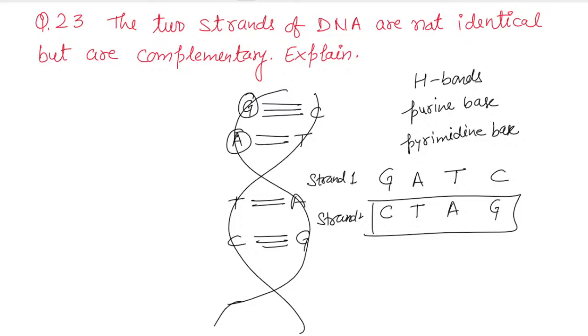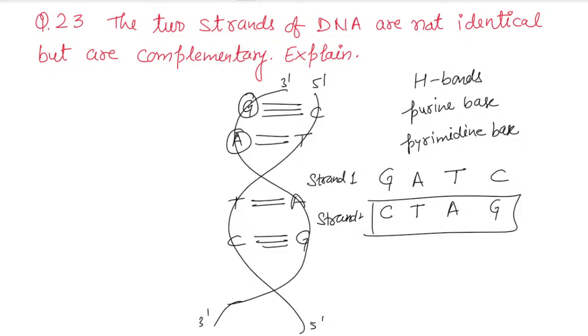So that's why the two strands are complementary and not identical. If it is 3 dash on one strand, it should be 5 dash on the other. That's it. Got it?